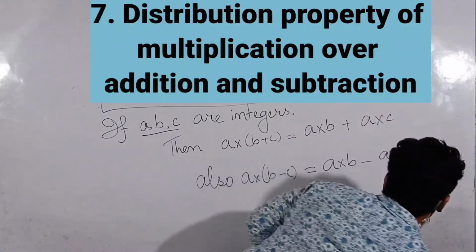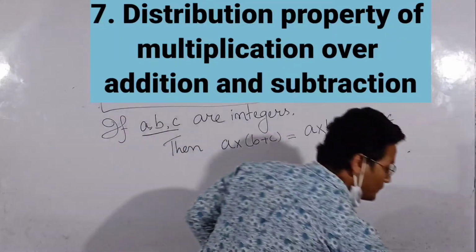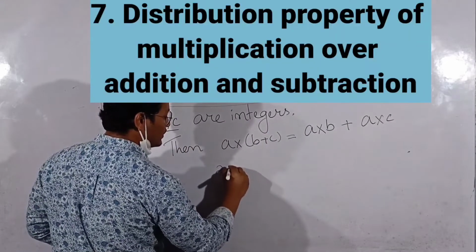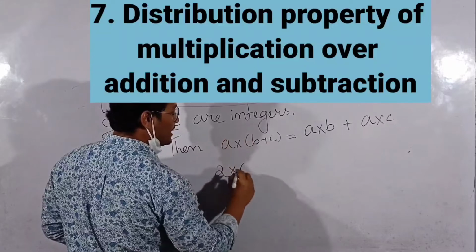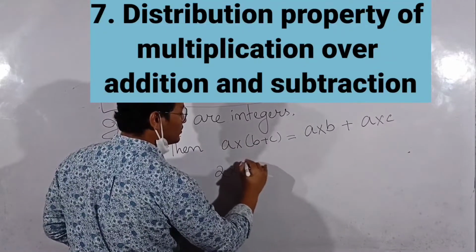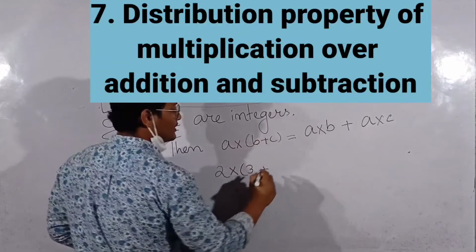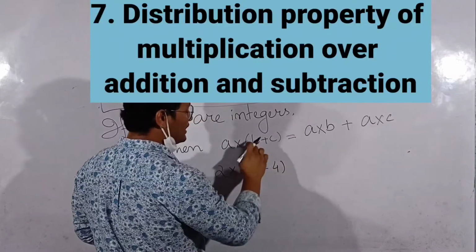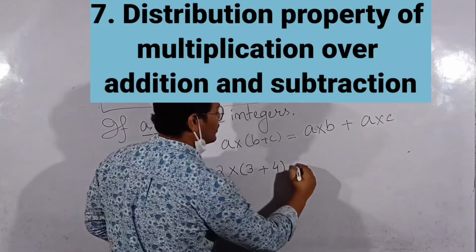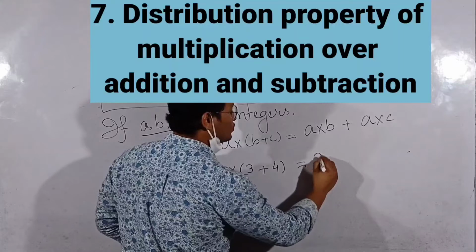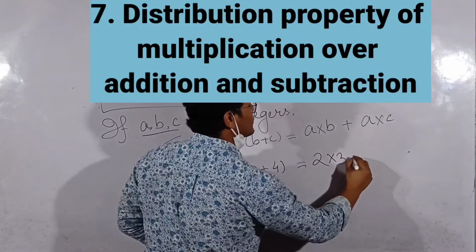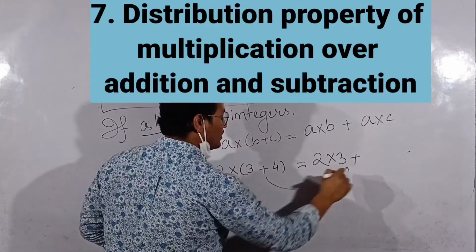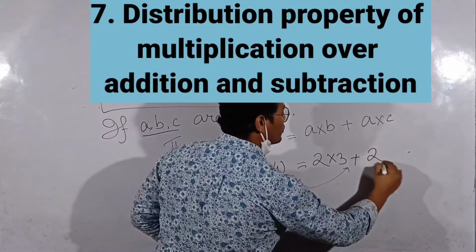Now let's try to solve this using an example. Let a is equal to 2, b is equal to 3, and c is equal to 4. So a into b plus c is 2 into bracket 3 plus 4, which should equal 2 into 3 plus 2 into 4.